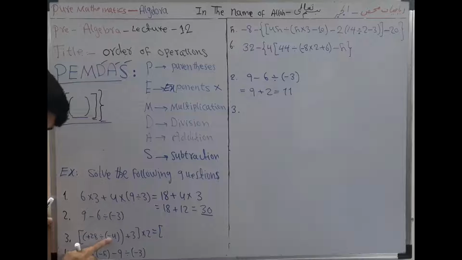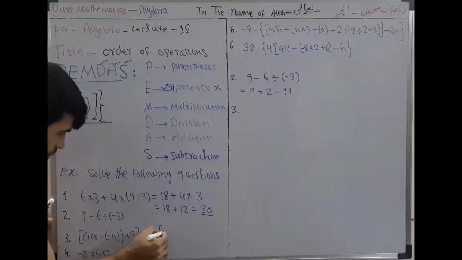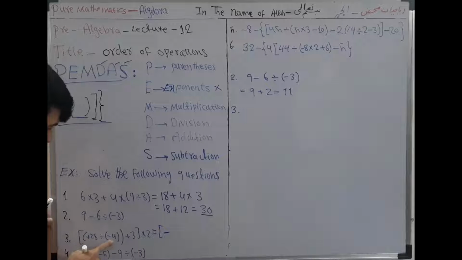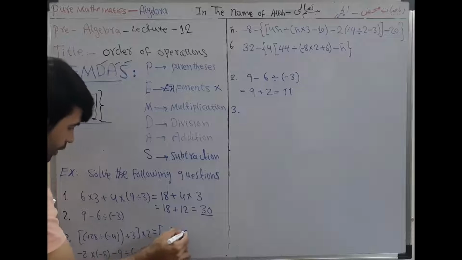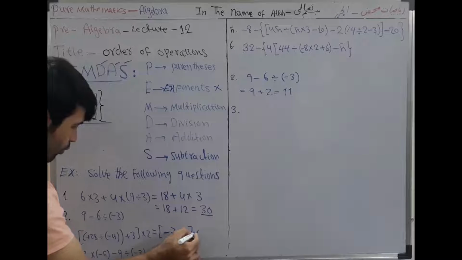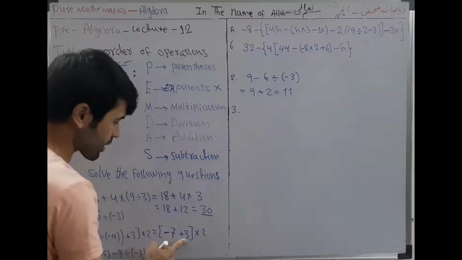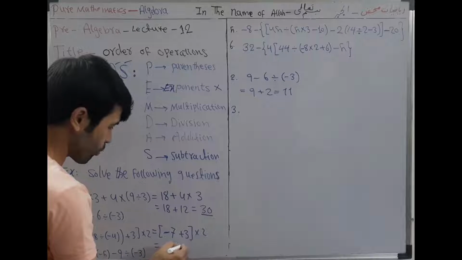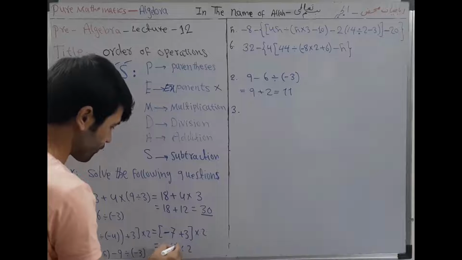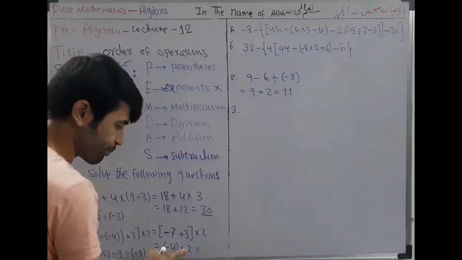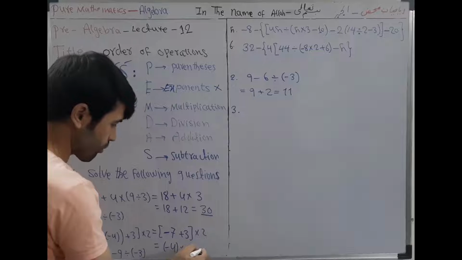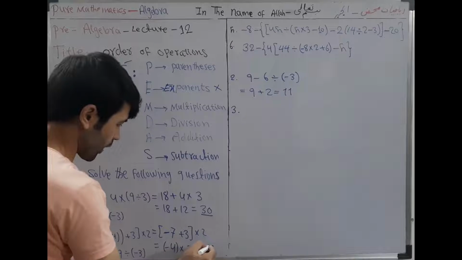Minus 28 divided by 4 is minus 7, plus 3 multiplied by 2. It is equal to minus 7 plus 3, minus 4 multiplied by 2. Minus multiplied by plus is minus, so minus 4 multiplied by 2 is minus 8.